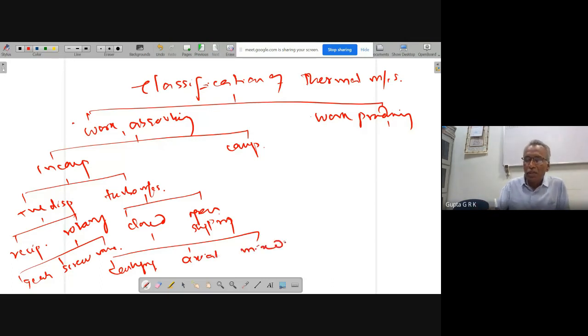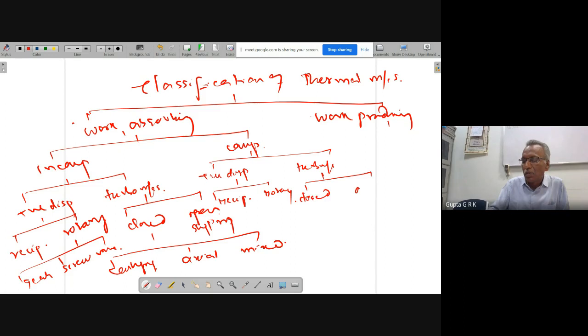In the same way we started with the compressible side, and there also we have positive displacement and turbo machines. In the positive displacement again we have reciprocating and rotary. And in turbo machines we have closed and open.